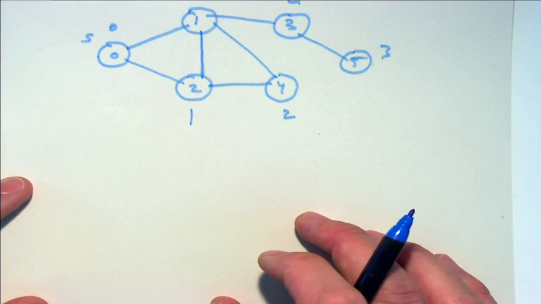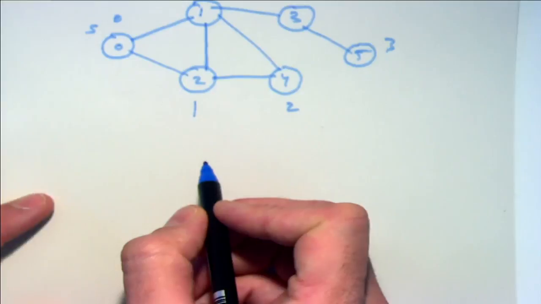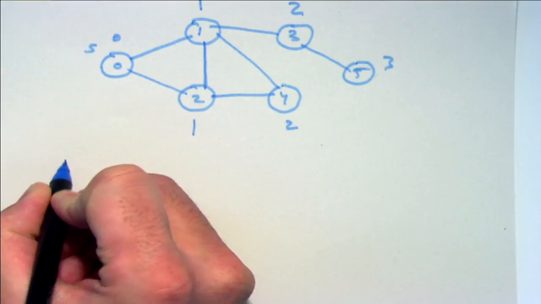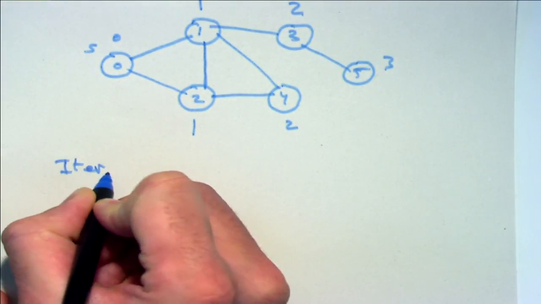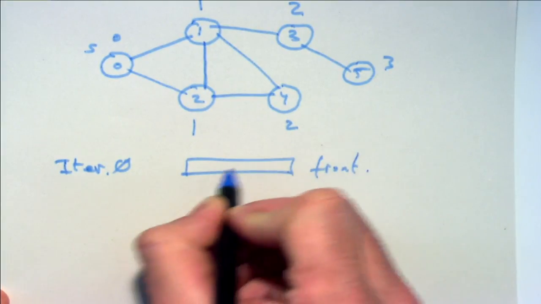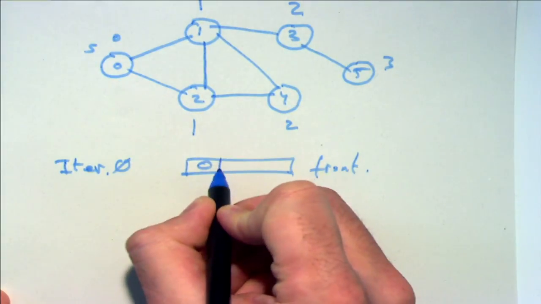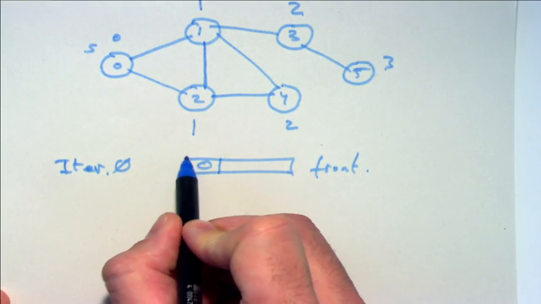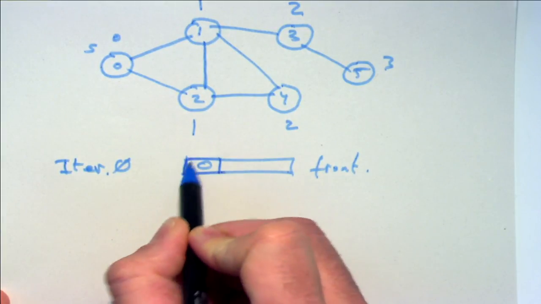In the top-down approach, we process this iteratively. In each of the iterations, we handle one frontier, and we visit all the neighbors of each vertex in the frontier. In the very first iteration, iteration 0, in our frontier we only have one vertex, that is vertex 0.